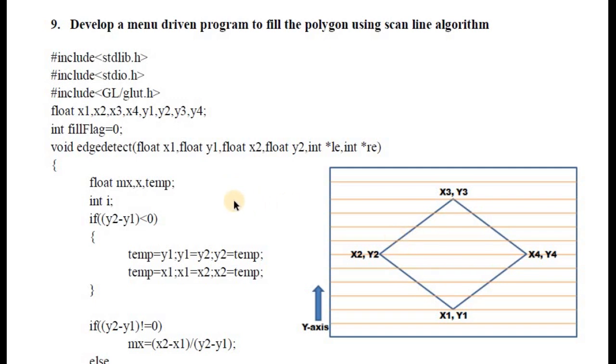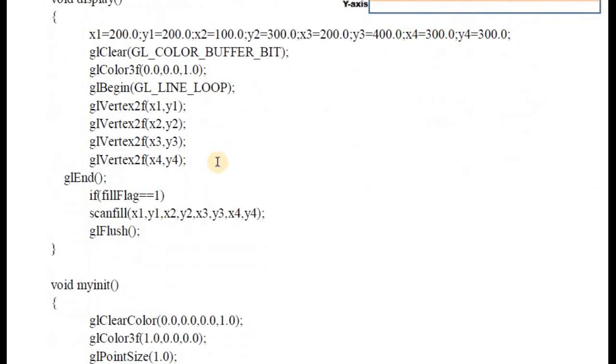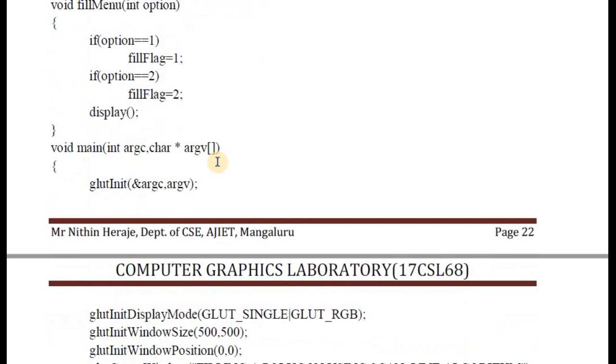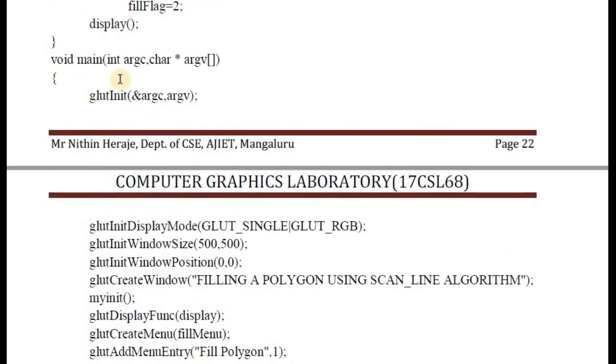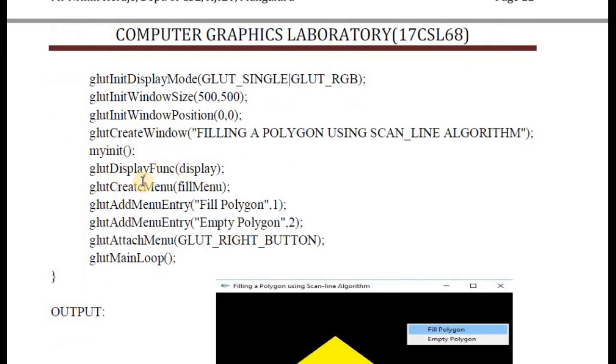So let's discuss the logic behind this. First let me go to the main program. So this is the main program. We know all these things. Then my init function to initiate the things, and we'll see what happens in a display function.